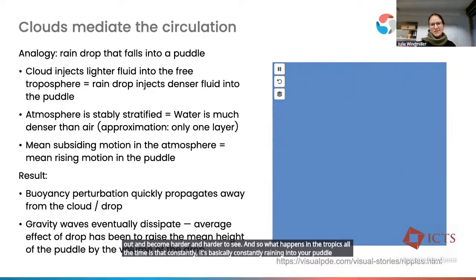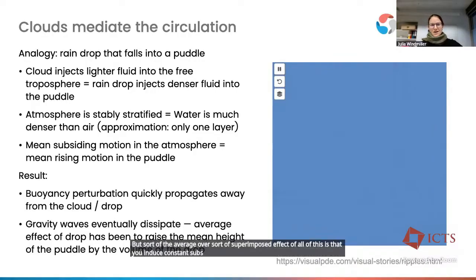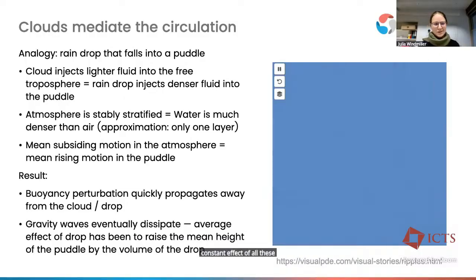If you look at the vertical velocity field at a given instant in time, it looks really complicated. But the average over the superimposed effect of all of this is that you induce constant subsidence. So you have really strong vertical updraft motion within the clouds, and then large-scale subsiding motion that results as a constant effect of all these different clouds.